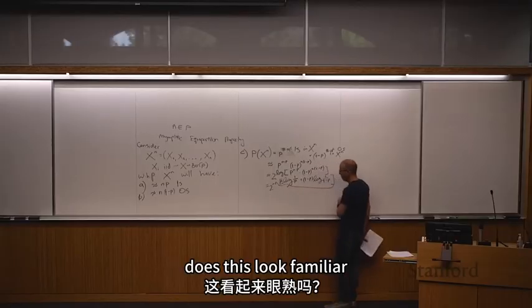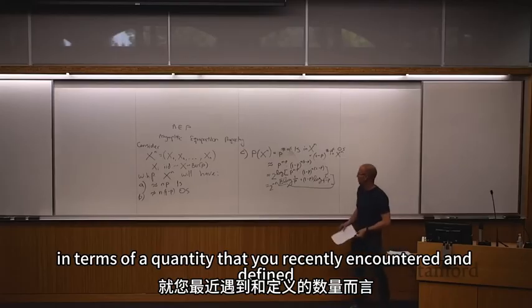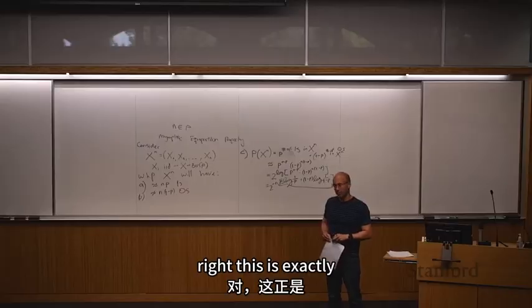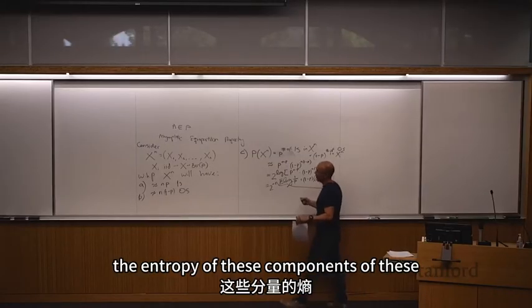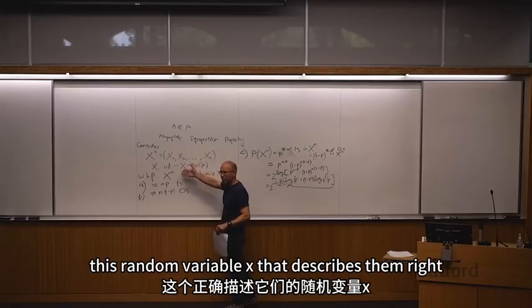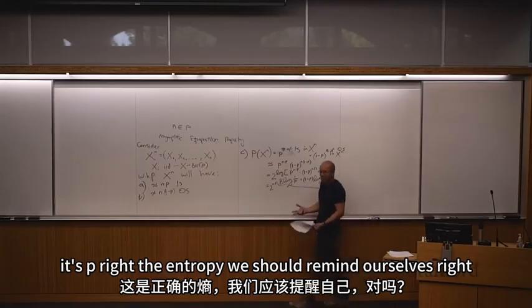Does this look familiar? What is this in terms of a quantity that you recently encountered and defined? This is exactly the entropy of this random variable x that describes these components.